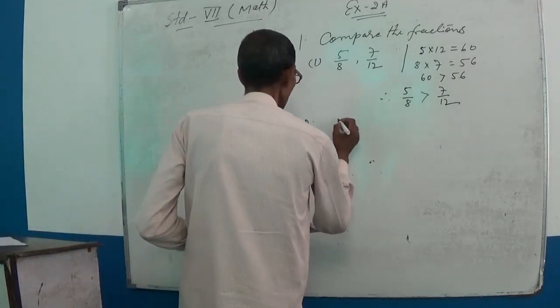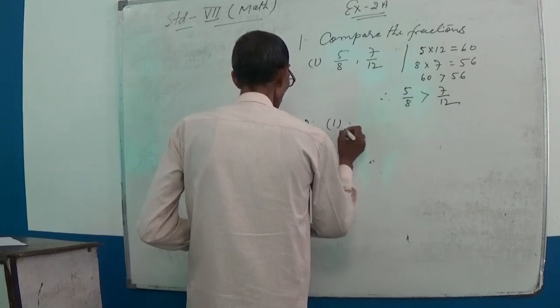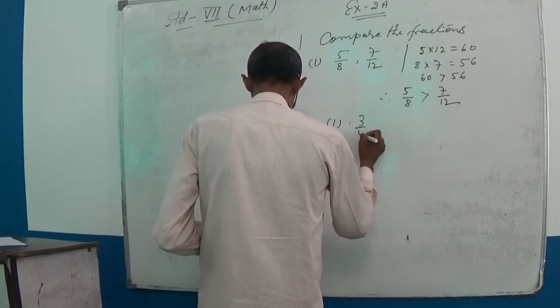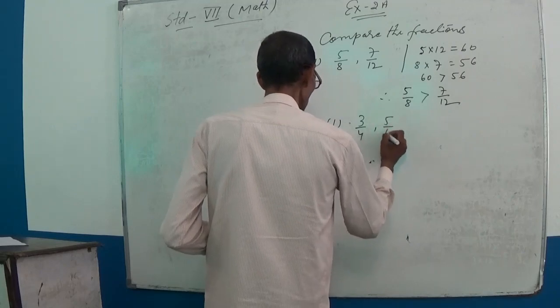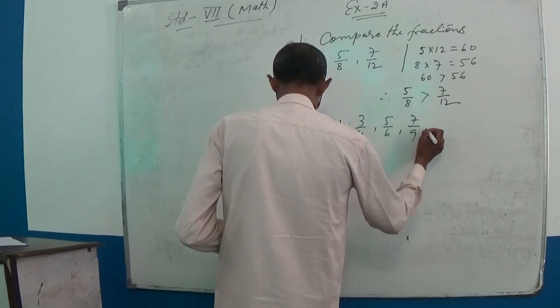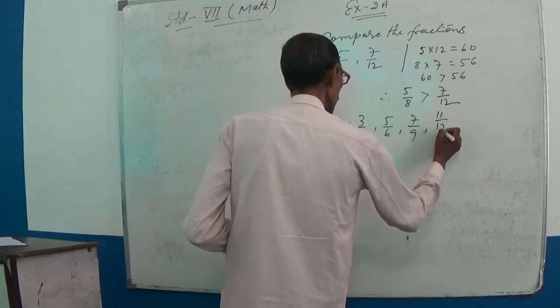Here the fractions are 3 by 4, 5 by 6, 7 by 9 and 11 by 12.